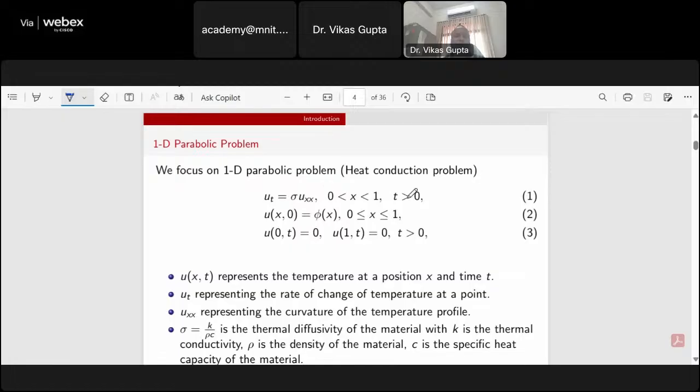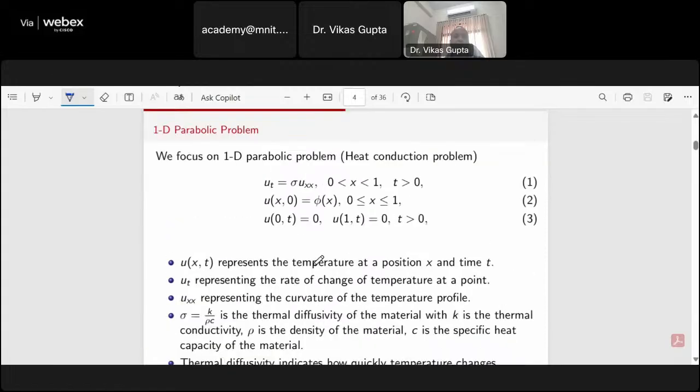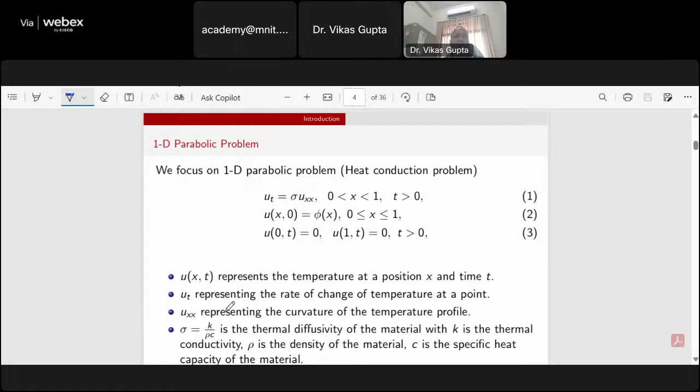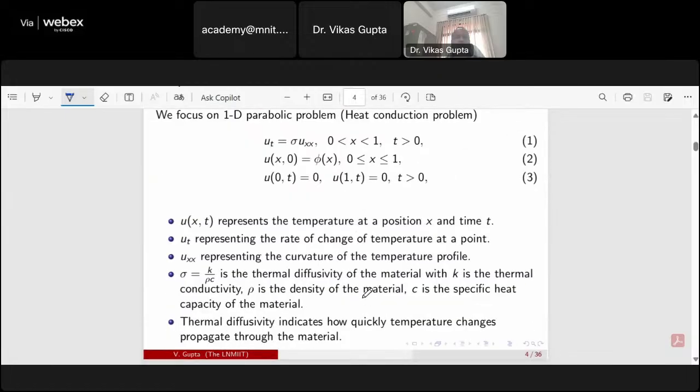That 1D parabolic problem is a heat conduction problem where the function u represents the temperature at a position x and time t, while u_t represents the rate of change of temperature with respect to time at a point, and u_xx represents the curvature of the temperature profile, where sigma is the thermal diffusivity, defined by K upon rho C, where K is the thermal conductivity, rho is the density of the material, and C is the specific heat capacity of the material.